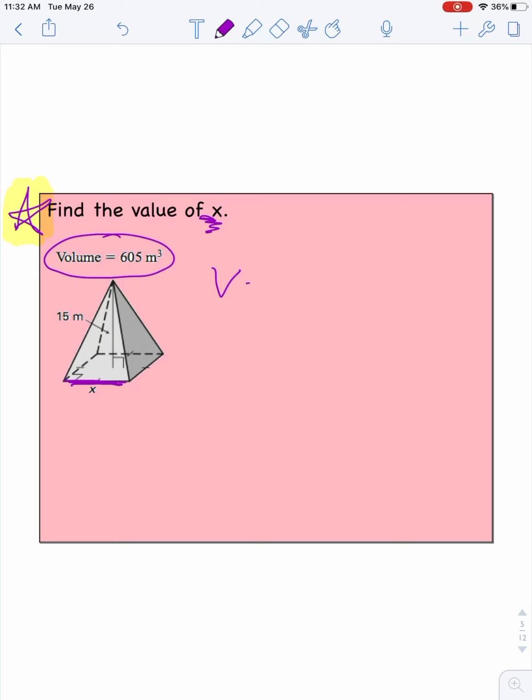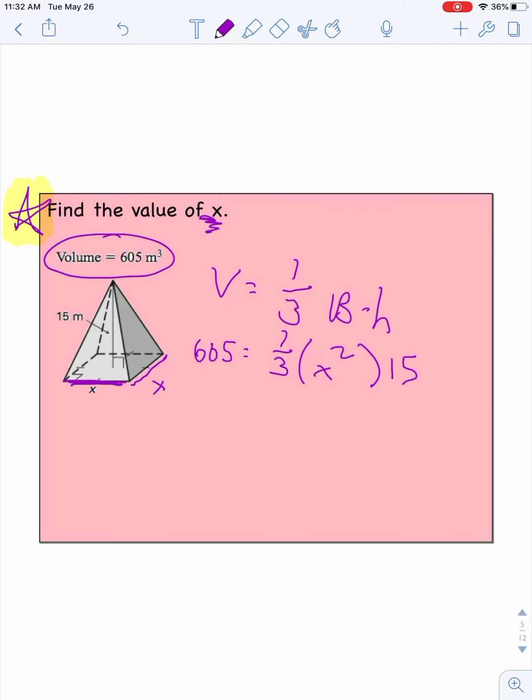So our volume is 1/3 the area of the base times the height. So again, we're going to put in our volume, because we know that, equals 1/3 times the area of the base. Well, the base is x by x. So my area of my base is x squared times my height, which I'm given as 15.